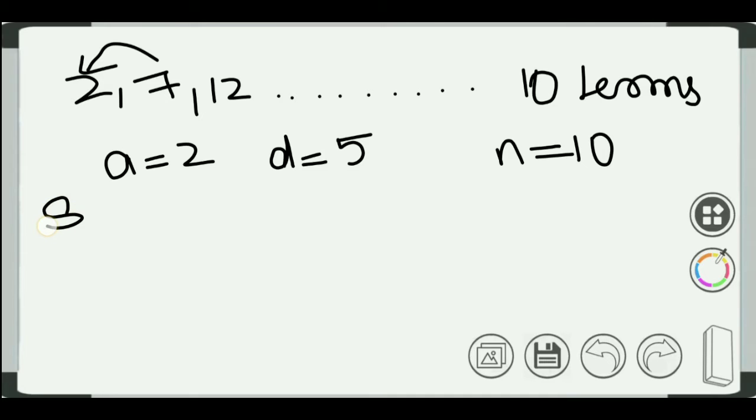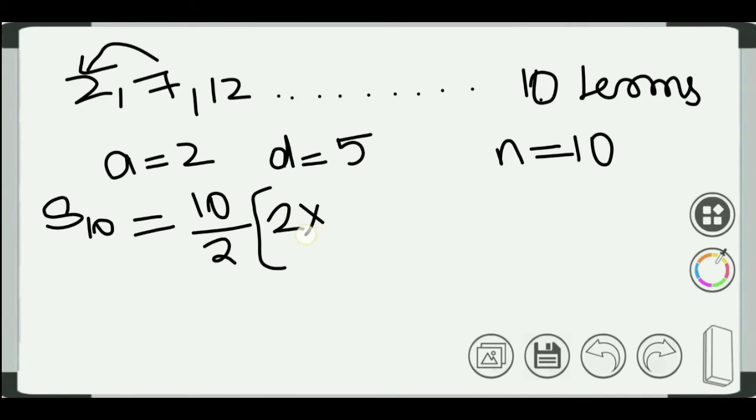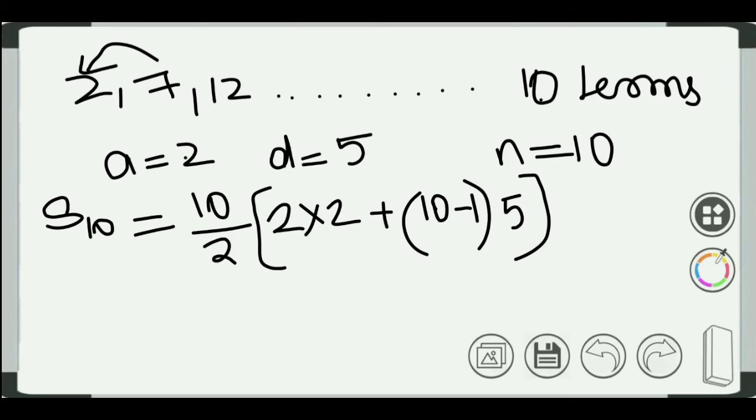So Sn means S10, n is equal to 10. S10 is equal to 10 by 2 into 2a, means 2 into a is what? 2, plus n minus 1, that is 10 minus 1 into d. d is 5. Okay. Now 10 by 2 is 5. 2 into 2 is 4. 10 minus 1 is 9.